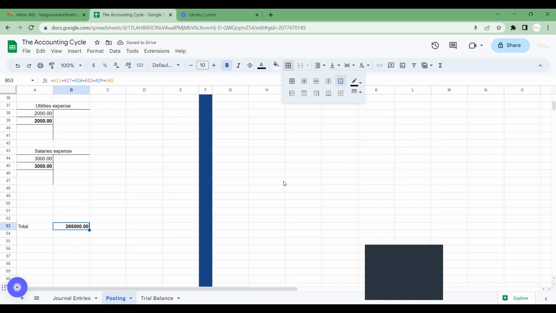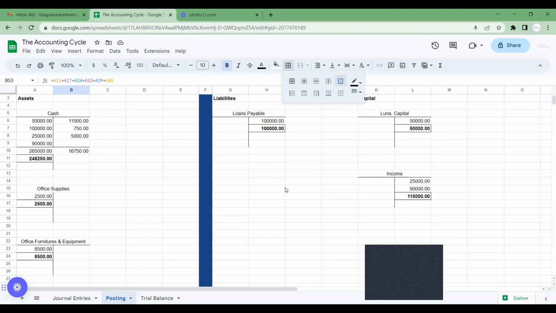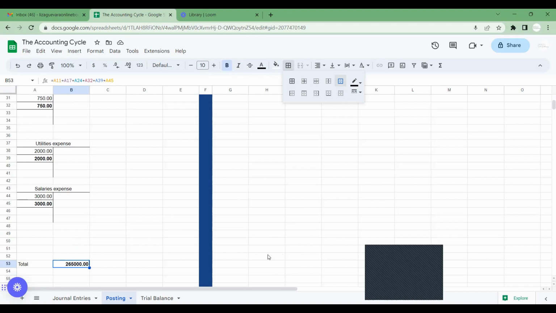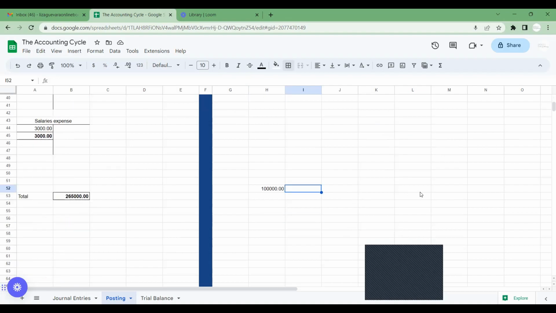Okay, so we have here the liabilities in the amount of 100,000. And your capital here.